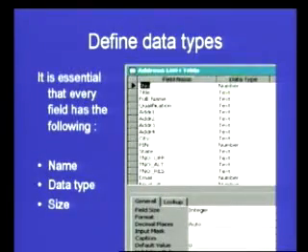Now let us go to how to define the data types. Whatever you are seeing on the screen is a Microsoft Access table. After you create a table, it looks like this. Initially there is a serial number which is of a number data type. Then you have nearly 7 fields from title to city, which are all text based, and then you have a pin which is again a number.